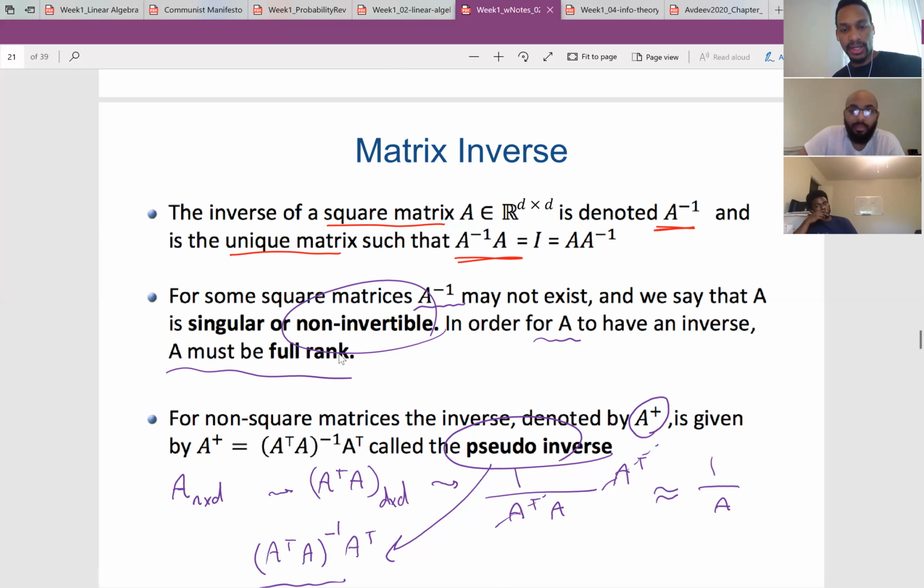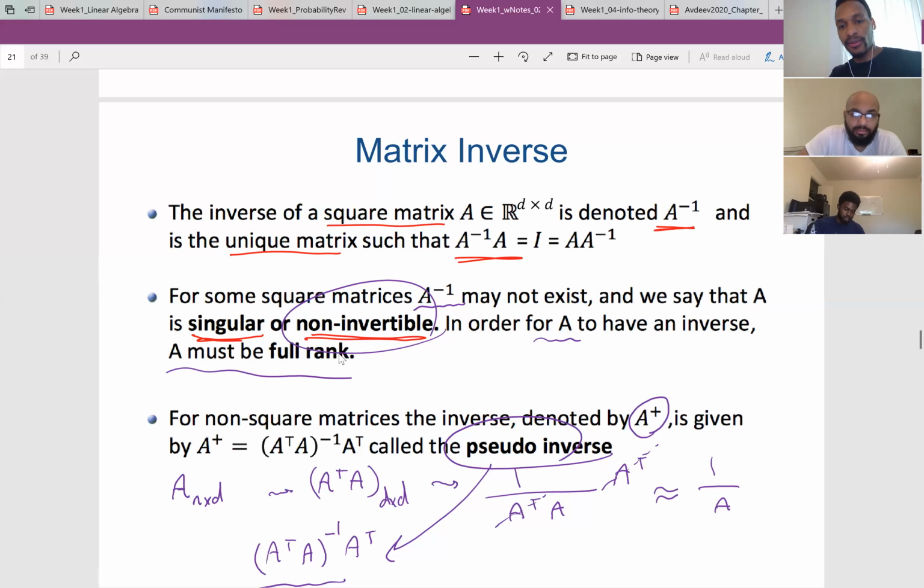Okay, so for some square matrices, the inverse may not exist, and we say that A is singular or non-invertible if the inverse does not exist.